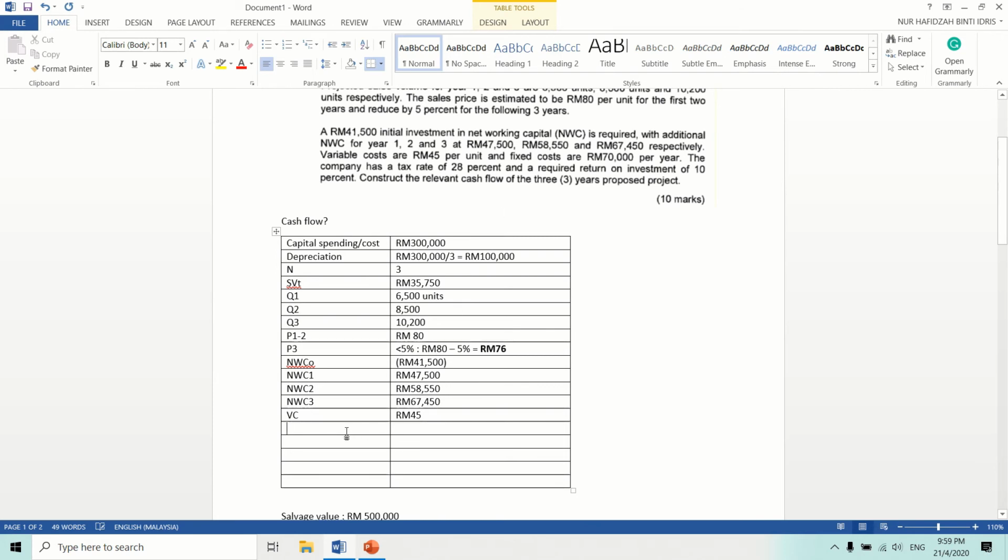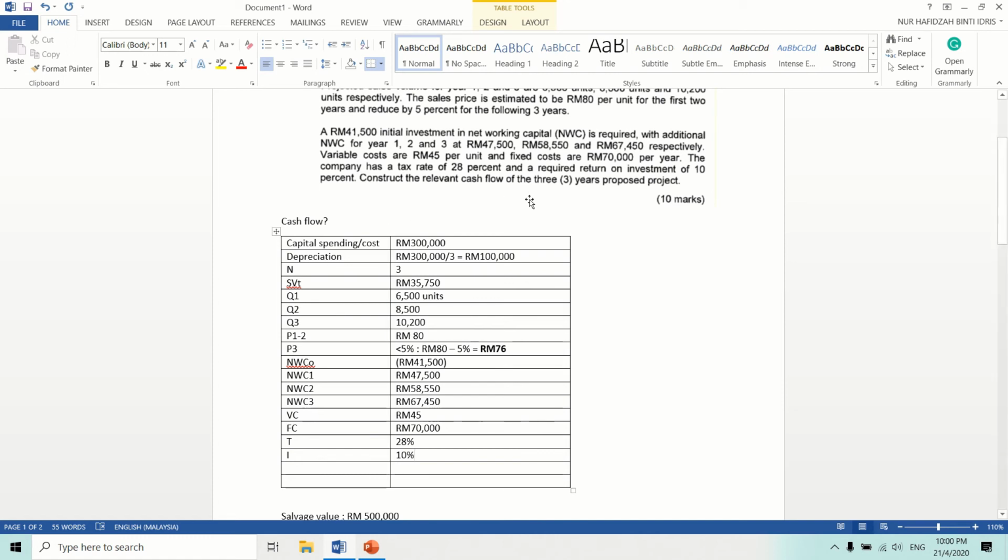Fixed costs are 70,000 per year. The company has a tax rate, T, of 28%, and the required rate of return, I, is 10%.